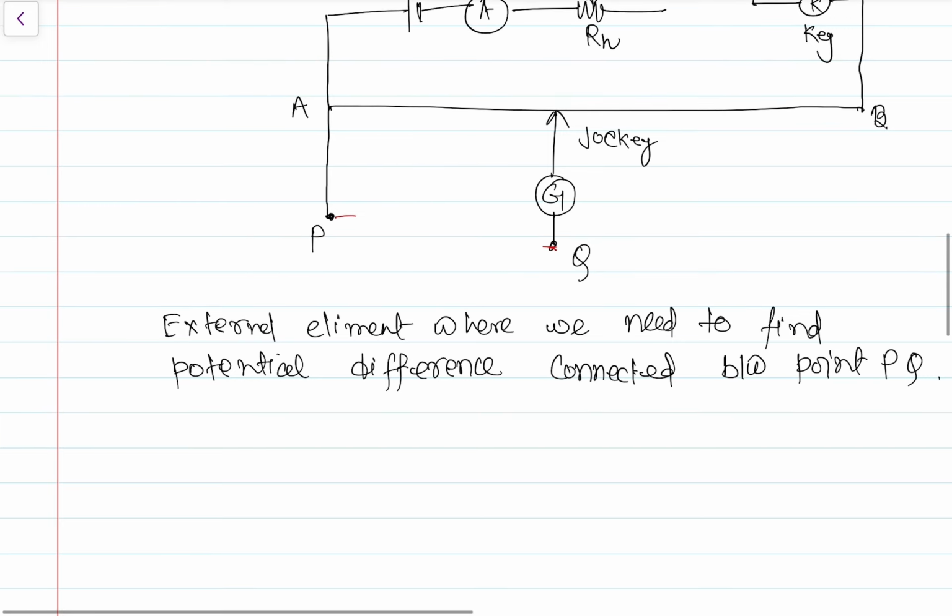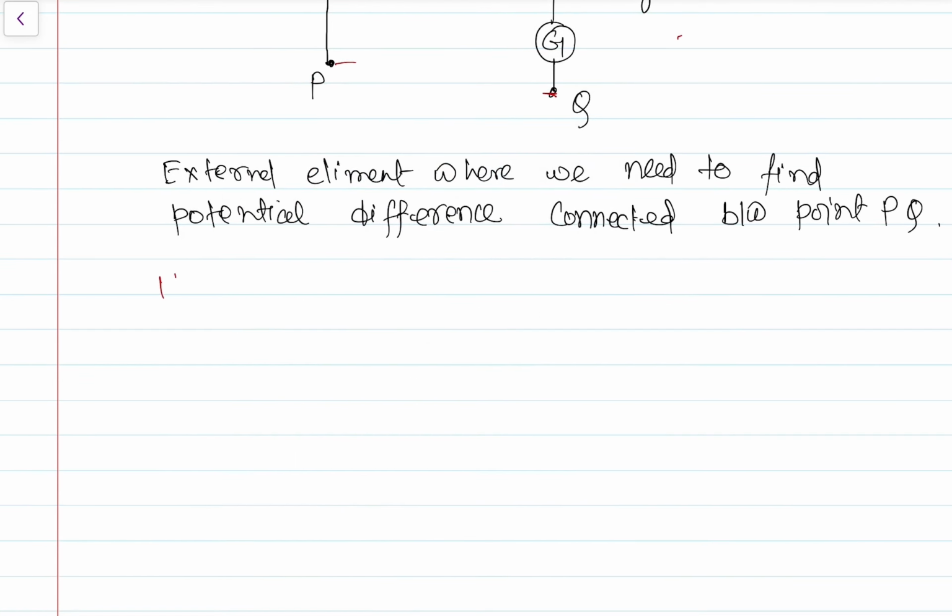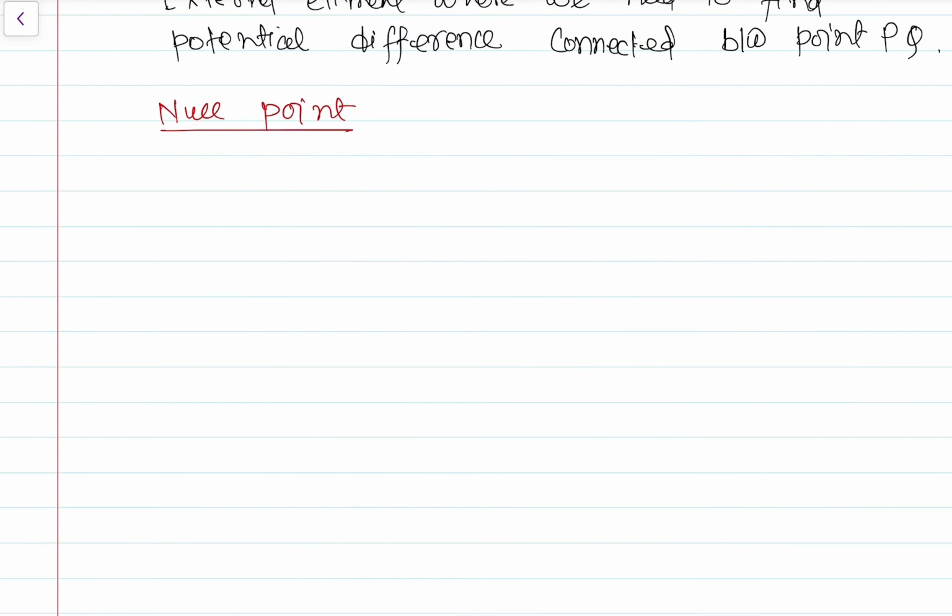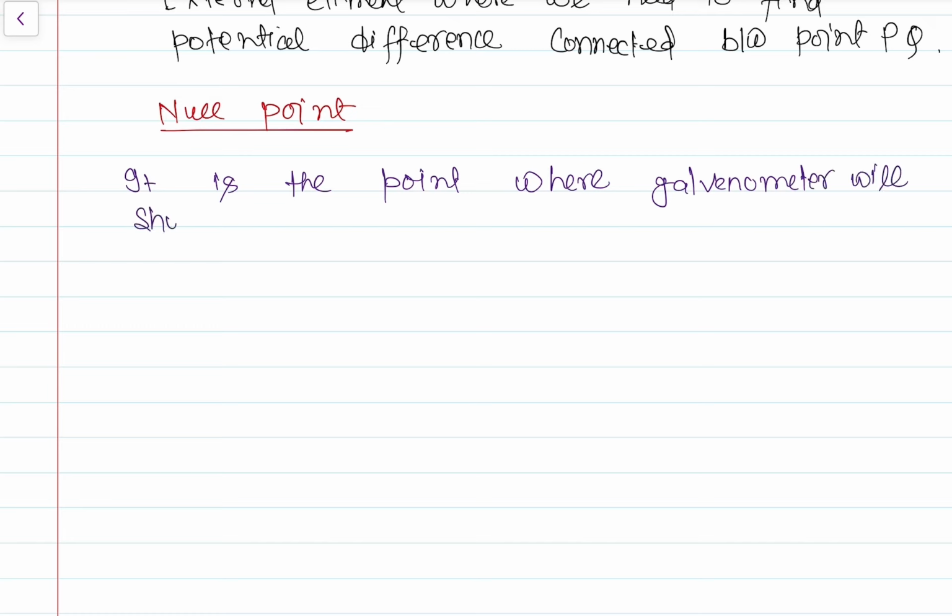The null point is the point where the galvanometer will show no deflection, meaning zero deflection. This is the null point method.